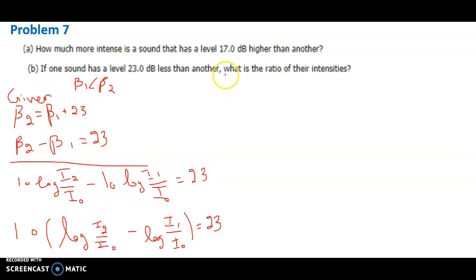Divide by 10 both sides and do the same thing that we did in the previous part. Consider this to be A, this to be B. So we have log A minus log B is log A over B. So now I can say directly, I'm just skipping some steps here, but you have to write in details. I already wrote this in the previous part.